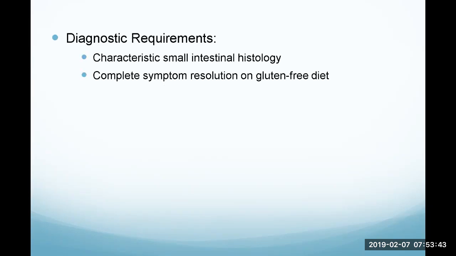According to the ESPGHAN and ACG recommendations, diagnosis of celiac disease requires two important criteria: characteristic small intestinal histology, which we'll talk about in a second, and complete resolution on a gluten-free diet.